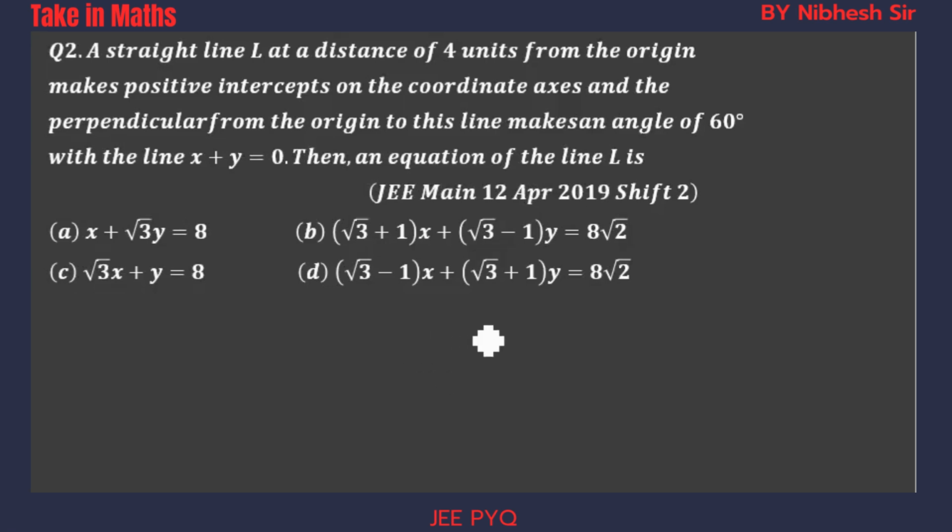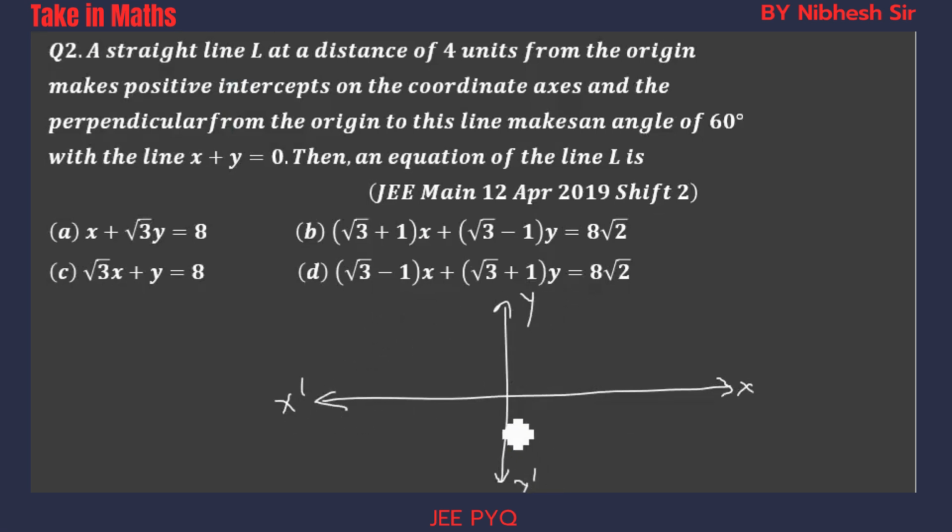So what I can do here is draw a rough diagram. This is your y-axis, this is your x-axis. I draw these two lines, x dash, y dash, and the origin 0.